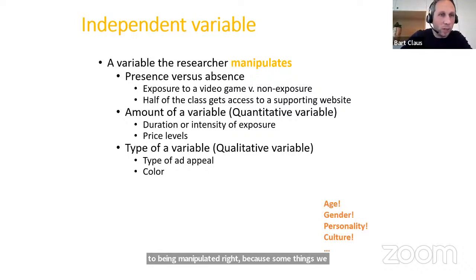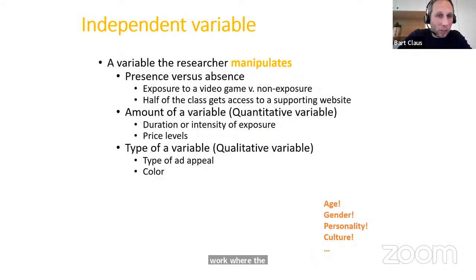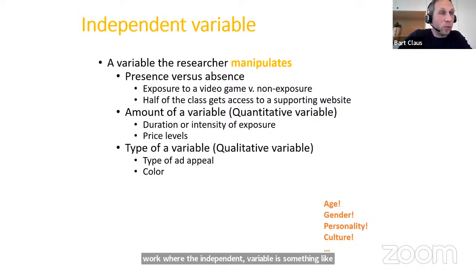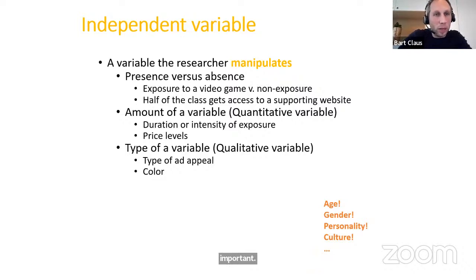So very often we can read scientific work where the independent variable is something like age or gender or personality or culture. And what is important to realize is that designs that include independent variables like that are limited in their conclusions.